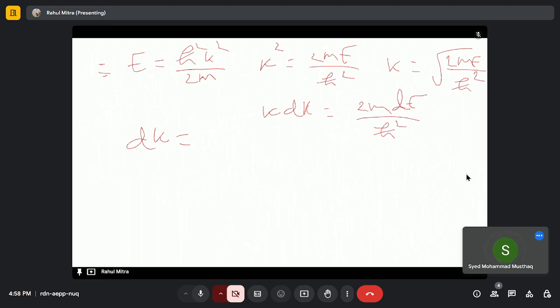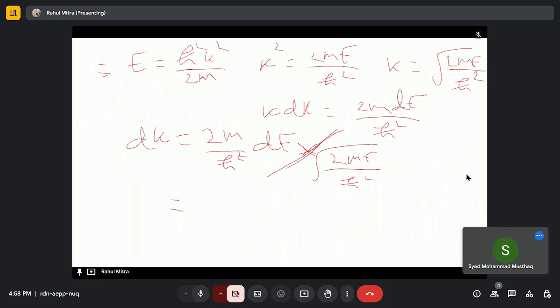Now 2m by ħ² times dE equals to k dk, right? It's not, it's divided by root 2mE by ħ².